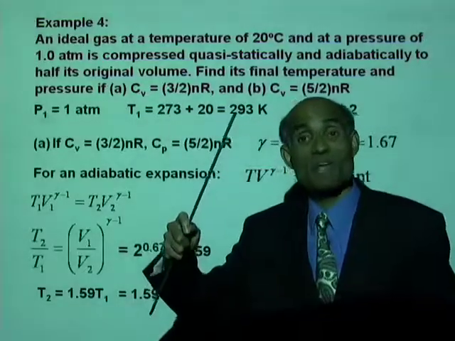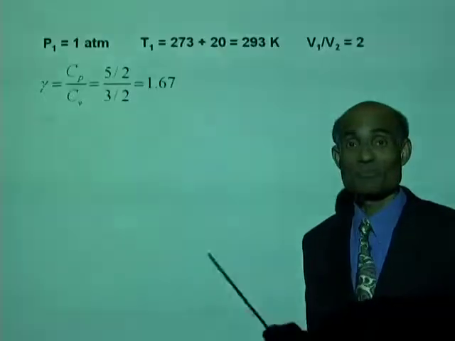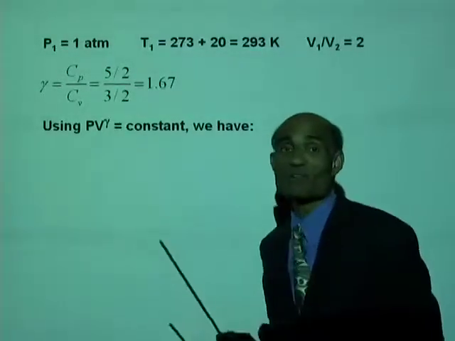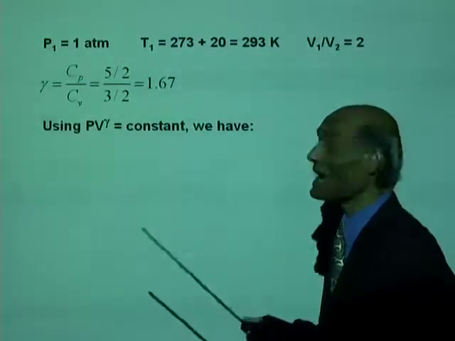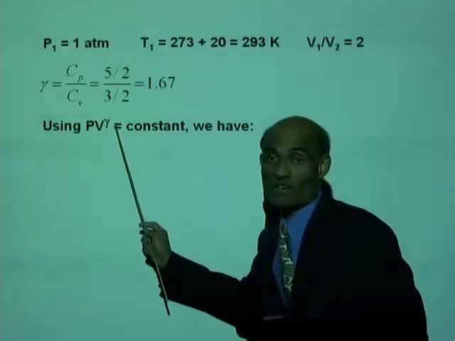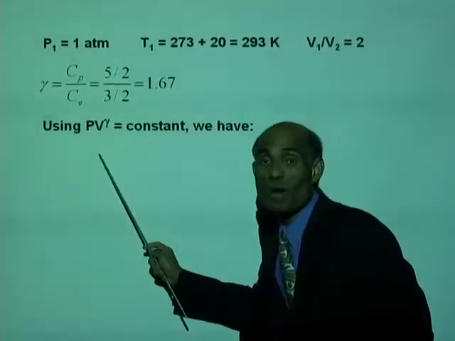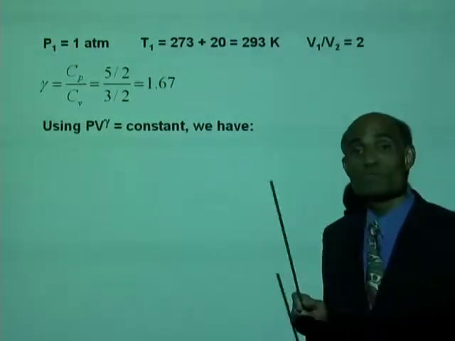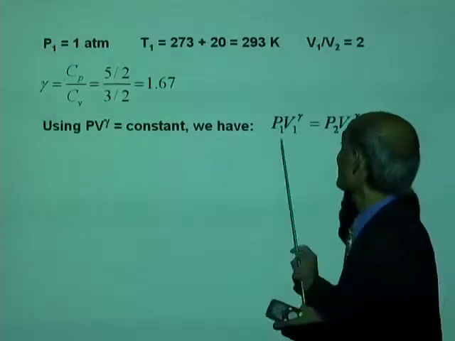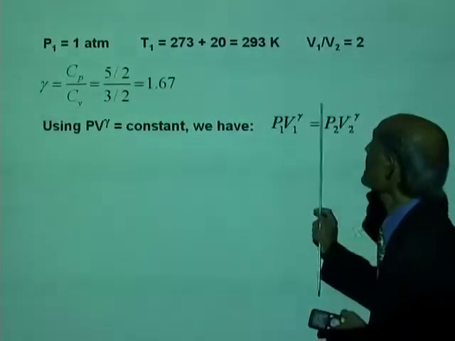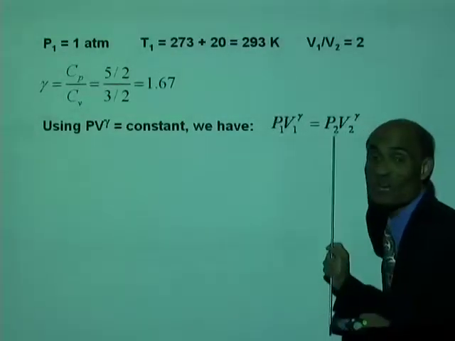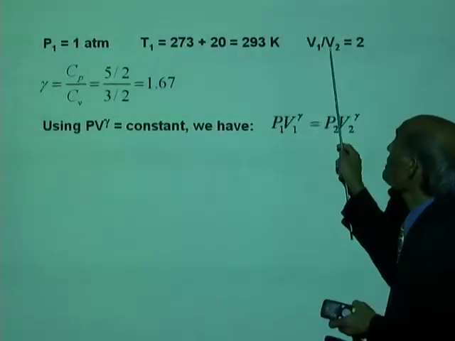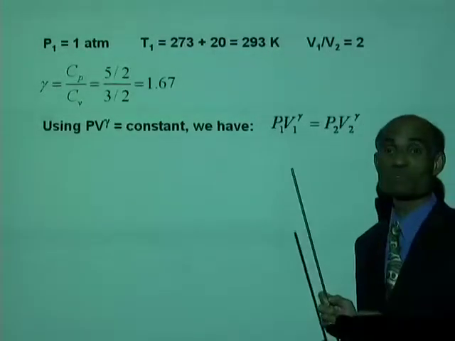PV to the power of gamma is a constant. Alright, let's do that. Using PV to the power of gamma is a constant, we have P1 V1 to the power of gamma equal to P2 V2 to the power of gamma. There you are.